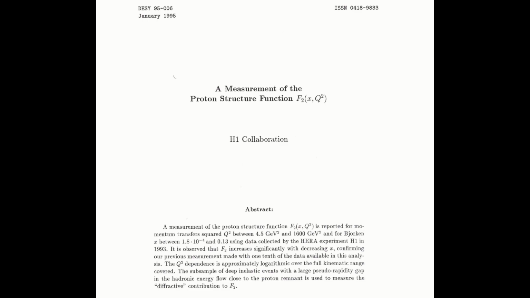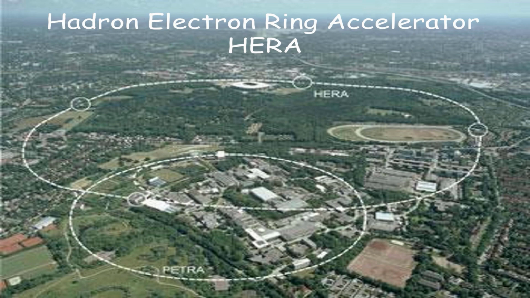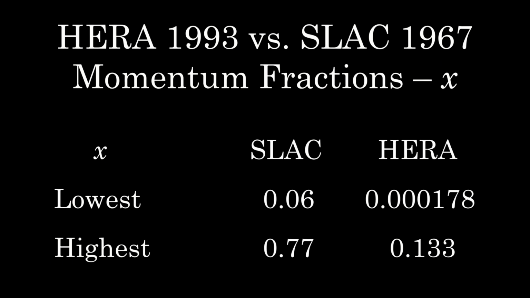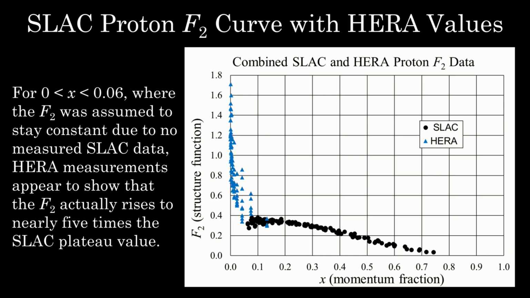Deep inelastic scattering done in the early 1990s at the Hadron Electron Ring Accelerator, or HERA, used much higher electron-proton collision energies than SLAC. Covering x values down to 0.000178, about 1 over 5,600, HERA showed the proton F2 was not constant as x approached 0, as SLAC indicated, but rose sharply.